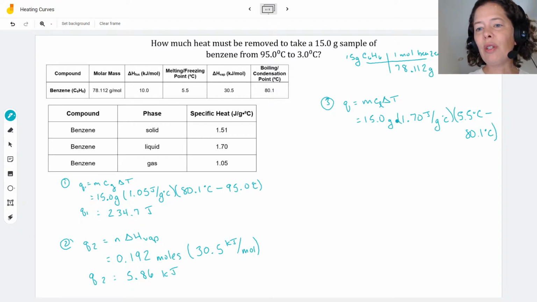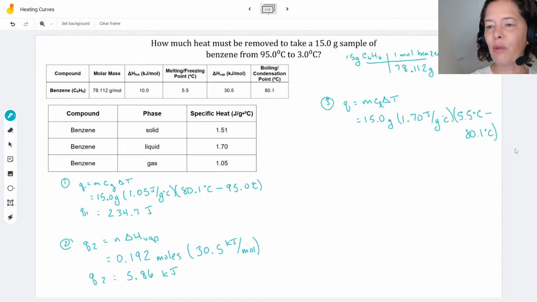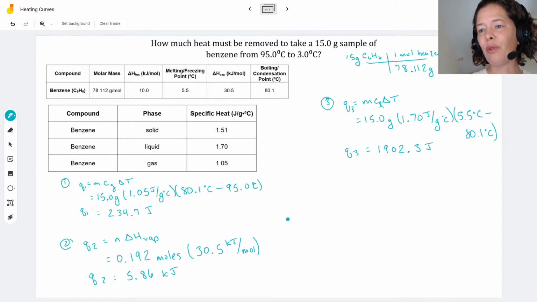Again, making sure units, grams are going to cancel, Celsius is going to cancel. So this will give me Q3 in joules. Oops, I forgot to label Q3 up there. All right, so Q3 is 1902.3 joules.